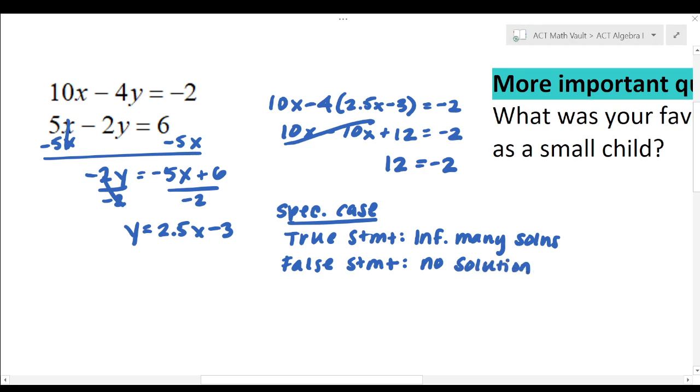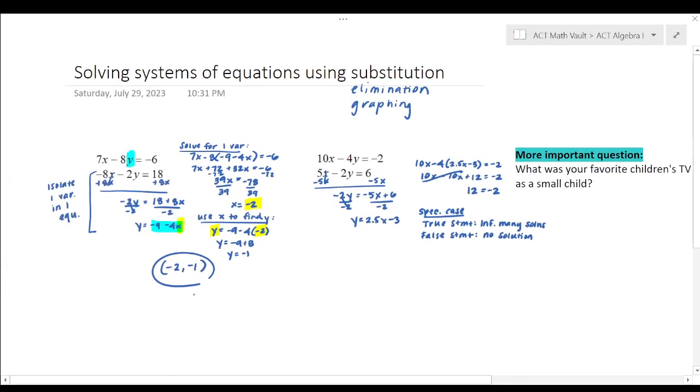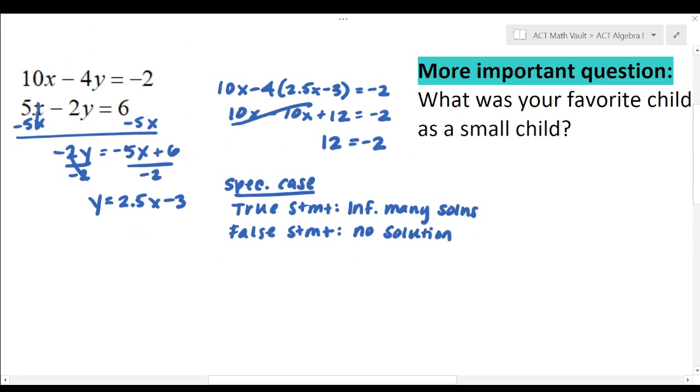This means that, for the first one, if you get 5 equals 5, you would have an infinite amount of solutions that could work for x and y. Like, you wouldn't just get this one xy pair, you would get a lot of them.